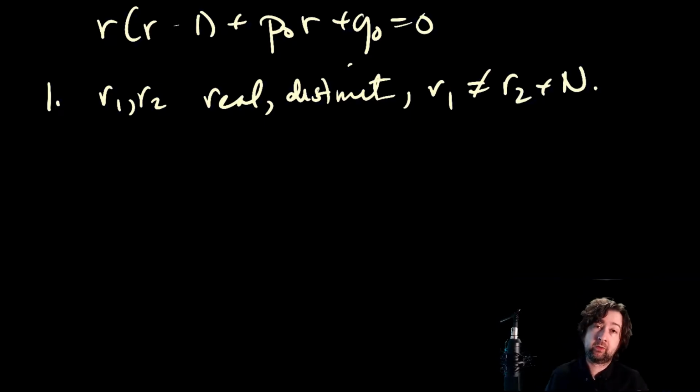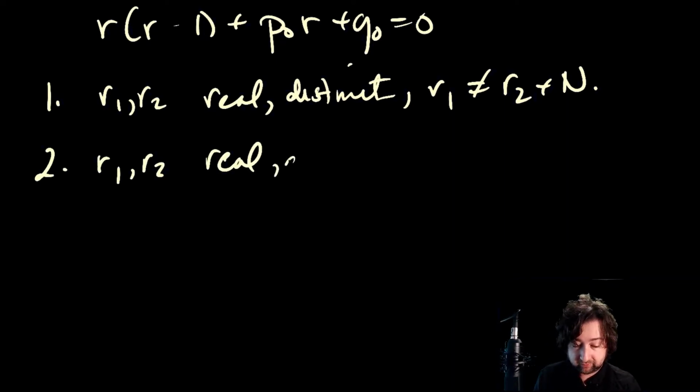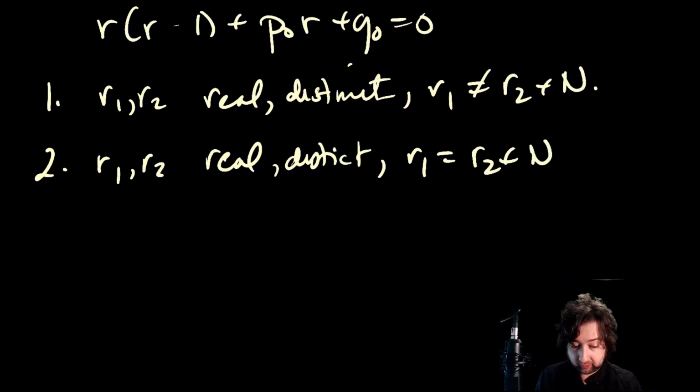We're always assuming that r1 is the larger of the two solutions in the case where they're real. But there are other cases that we haven't considered yet. It could be the case that r1 and r2 are real and distinct, and r1 is equal to r2 plus n. What about that case?